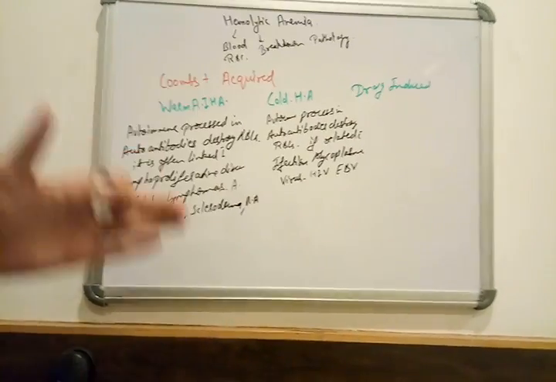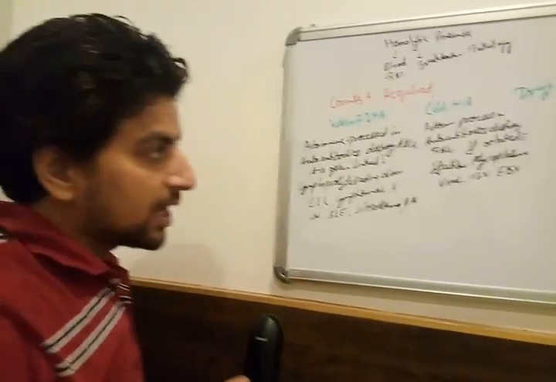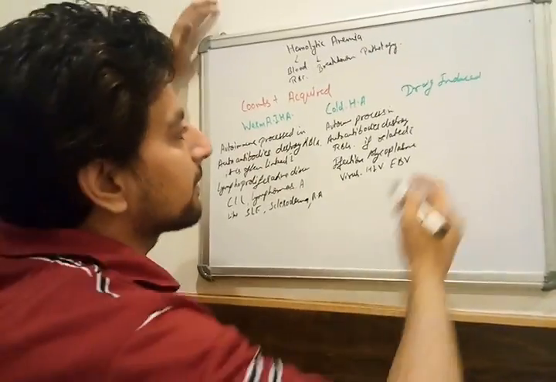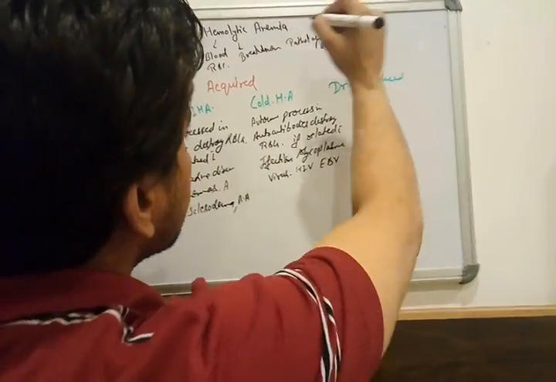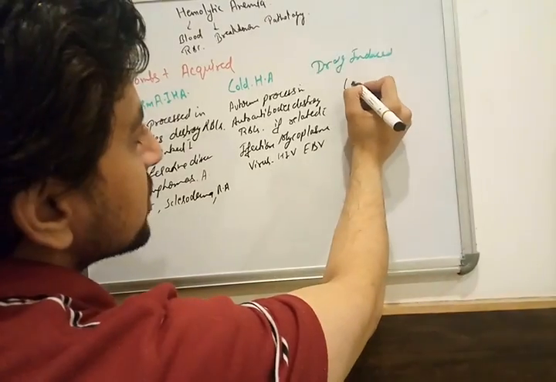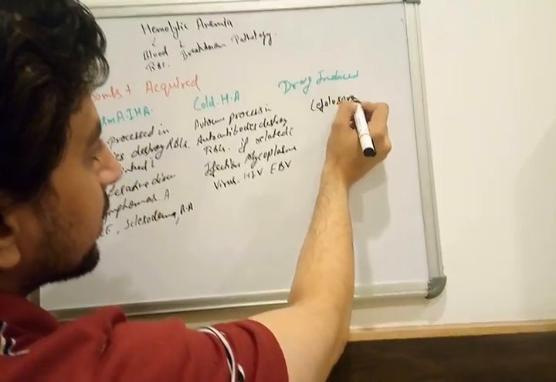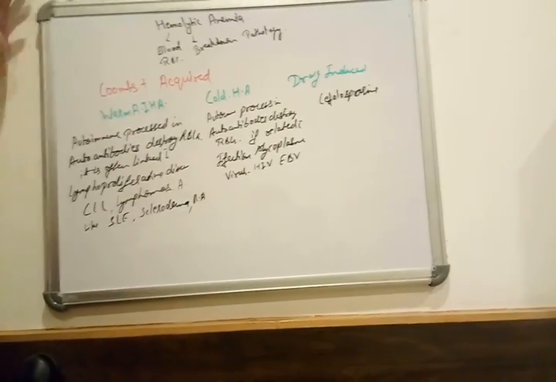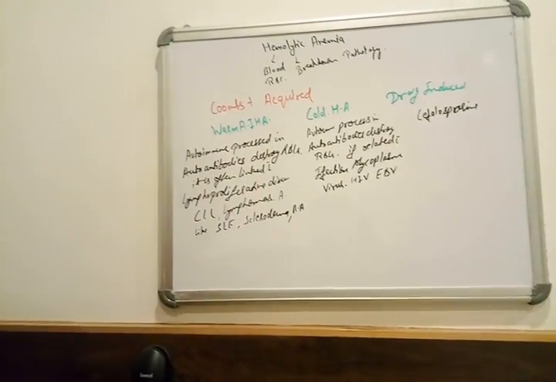Another one, drug induced, also the same process, but in drug induced the lysis of RBC occurs earlier. What kind of drugs? The most common drug which causes autoimmune hemolytic anemia is cephalosporin, my dear friends. The cephalosporin group like ceftriaxone, cefixime, cefepime.